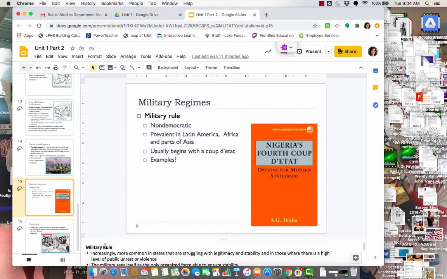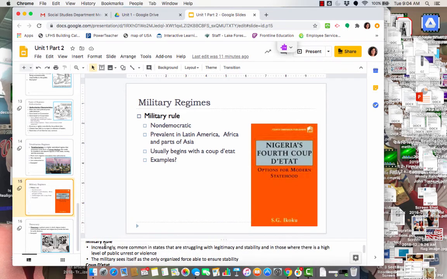Nigeria used to have a military regime. They don't anymore. They're now a new democracy, right? Probably illiberal, because they haven't been a democracy long enough. They're not an advanced consolidated democracy. But military rule is common in states that struggle with legitimacy, or states that have just had a revolution, or where there's a lot of public unrest or violence.